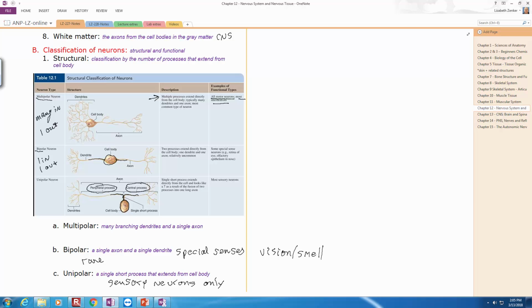Others would say that the entire structure is an axon because myelin occurs along its length, and myelin is only on axons, and this has myelin on both sides. So that's why some people say, well, it's got to be axons on both sides. So we'll call one side peripheral and one side the central process. So we're going to call it an axon with a peripheral and central process for our purposes so that we keep intact with the book. So peripheral and central axons.